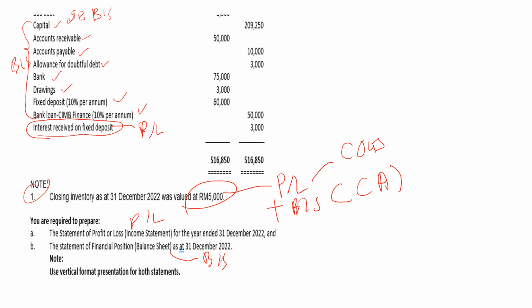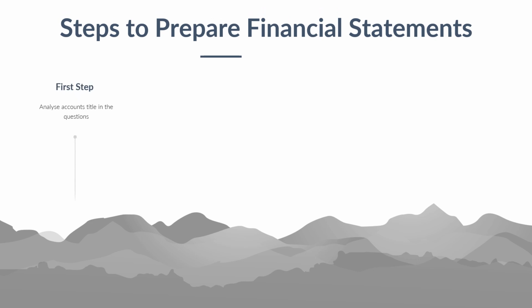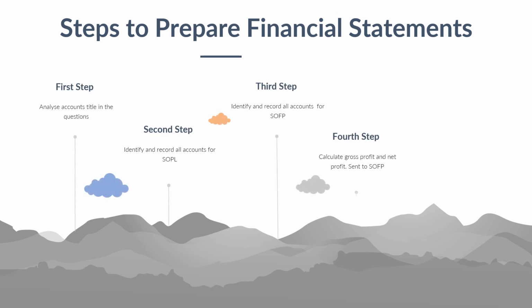Okay, so this is the step, as I mentioned just now, on how to prepare financial statement. The first step, you analyze accounts title in the questions. Second step, you identify and record all accounts for statement of profit or loss.